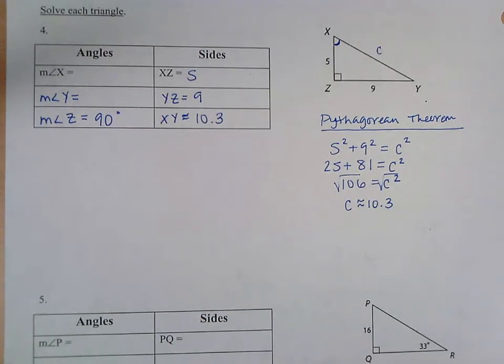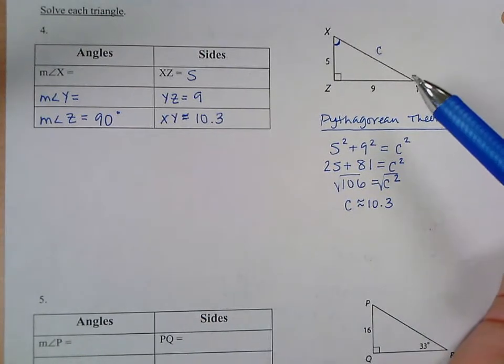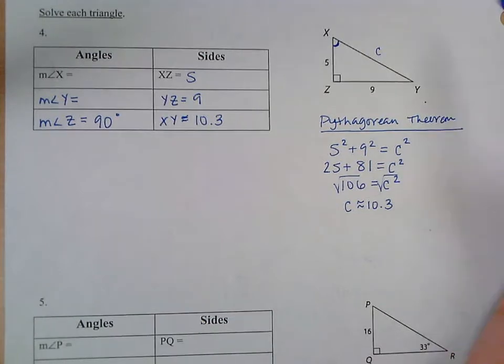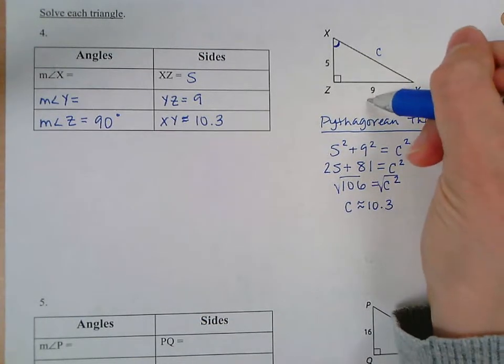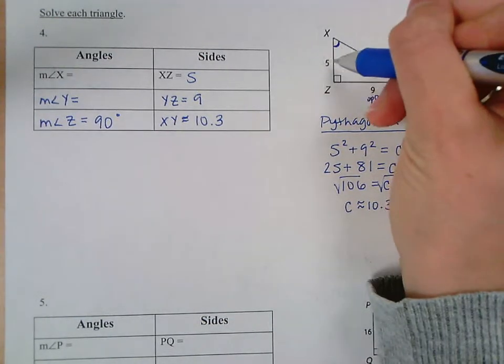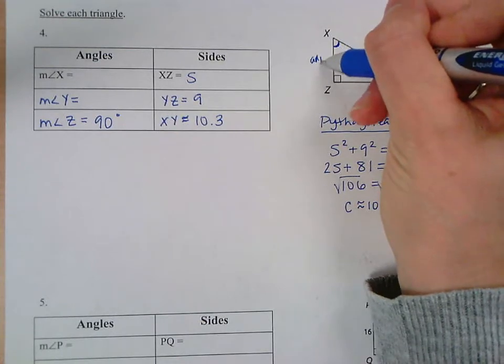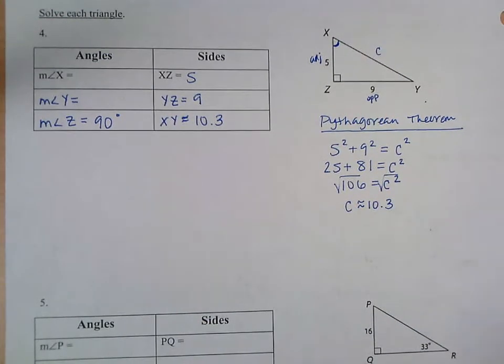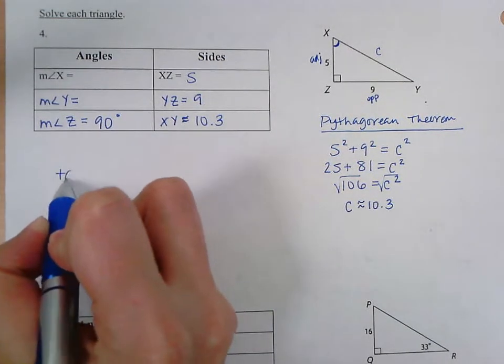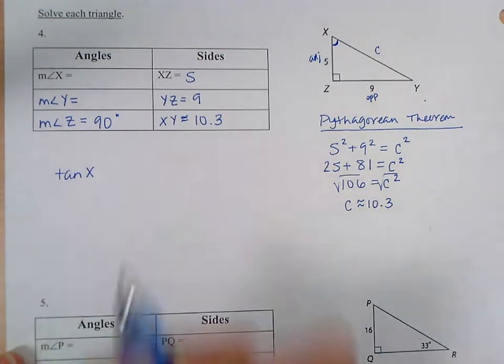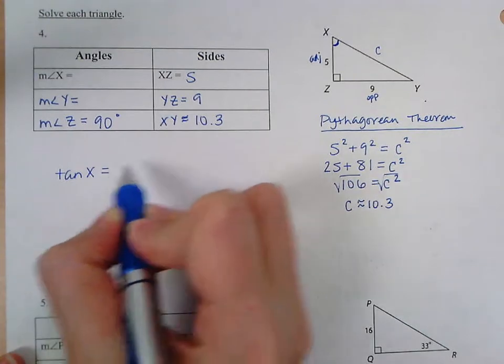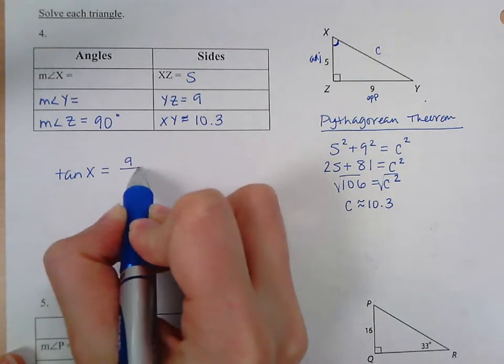Opposite, adjacent, hypotenuse. Yes. It'll be tangent. Yeah, 9 is opposite to angle X, and then 5 is adjacent to angle X. So just like you just had in the previous examples, I would say tangent of X is equal to opposite, 9, over adjacent, 5.